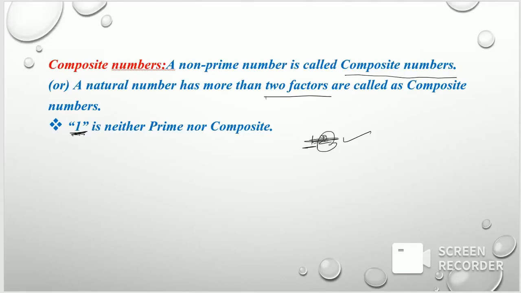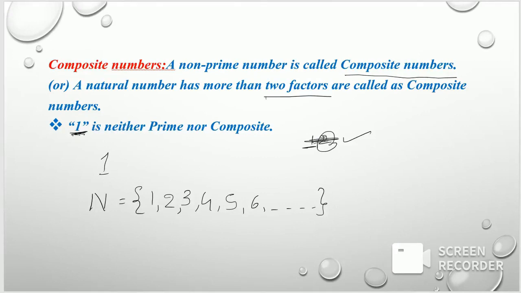And here 1 is neither a prime number nor a composite number. The set of natural numbers starts from 1, 2, 3, 4, 5, 6, and so on. First we know that a prime number has two factors.